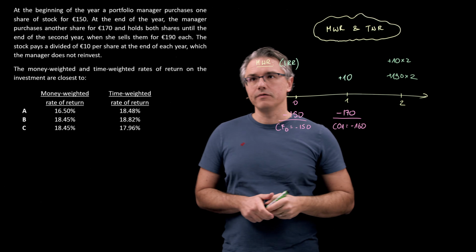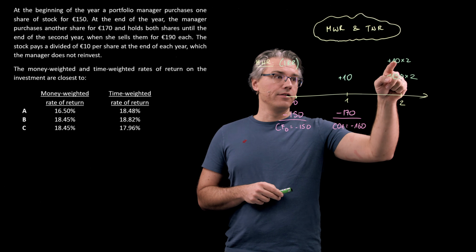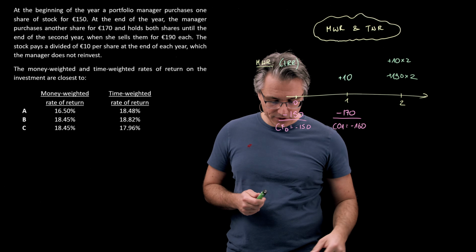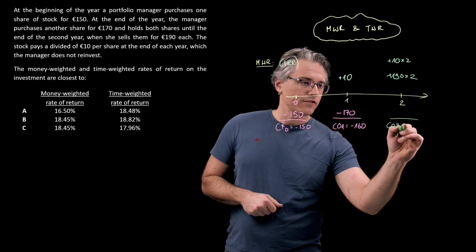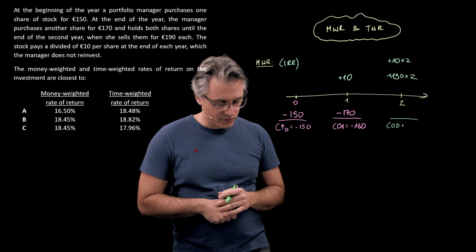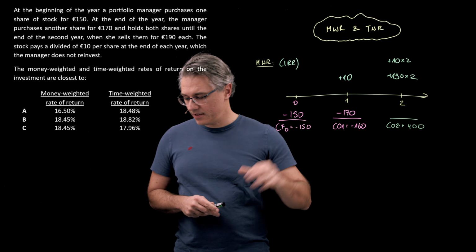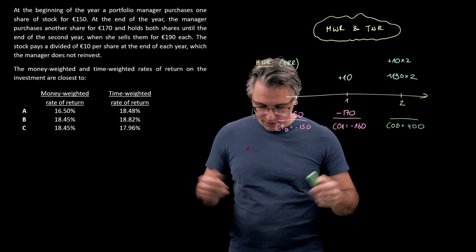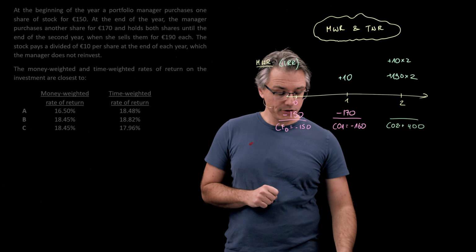So what we've essentially got is 10 and 190 per share, that's 200 times 2. So the C02 cash flow is overall a positive 400, isn't it? And we now need to simply plug this into the cash flow worksheet on the calculator, something you should be absolutely comfortable with by now. Let's get the calculator and do it.